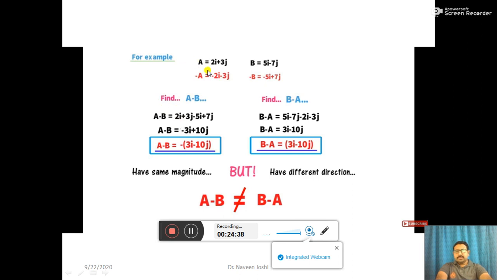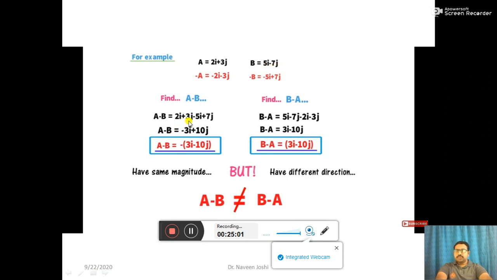A minus B means vector A is 2i plus 3j, and vector B is 5i minus 7j. So minus B is minus 5i plus 7j.